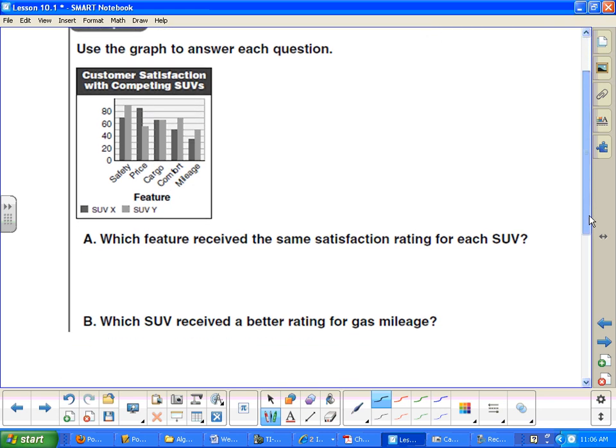So here we're going to answer these two questions. Which feature received the same satisfaction rating for each SUV? Letter A, cargo gave us the same satisfaction rating. Okay, they could store the same stuff in them.